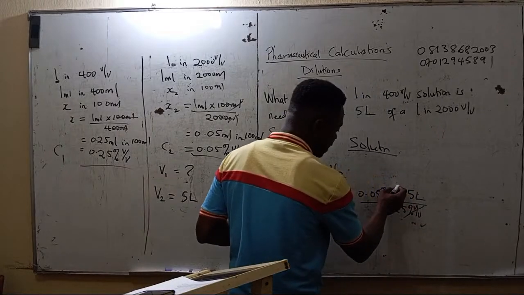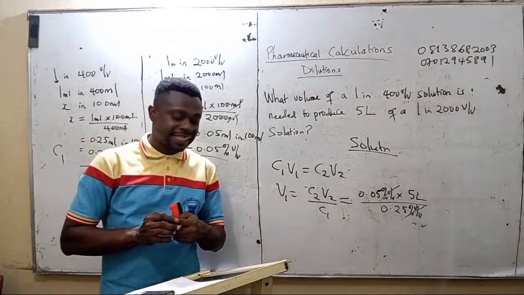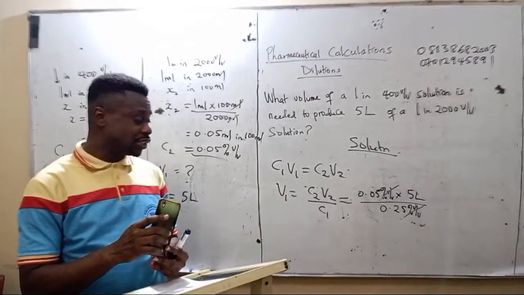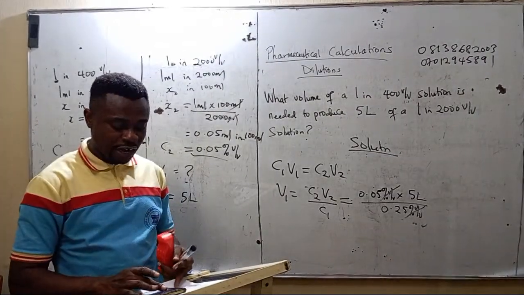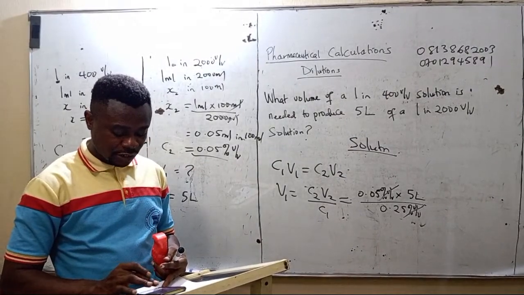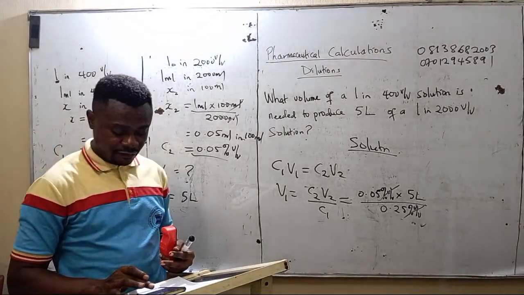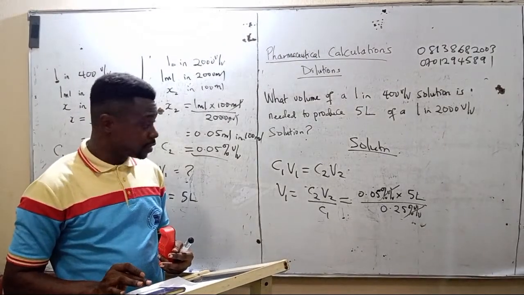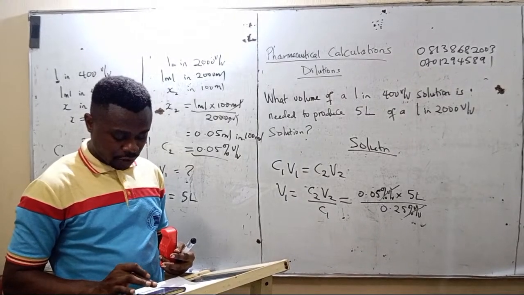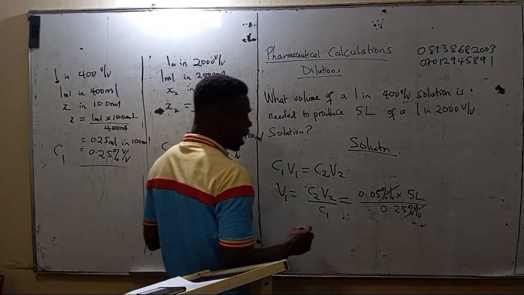Percent volume in volume cancels percent volume in volume. We are left with 0.05 times 5 liter over 0.25. So 0.05 times 5 divided by 0.25, we have 1 liter.